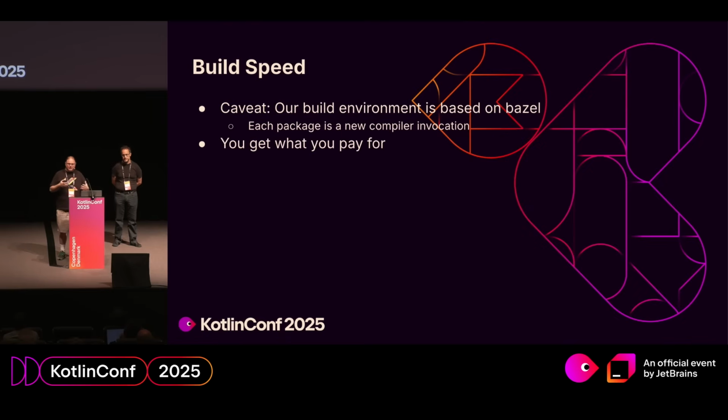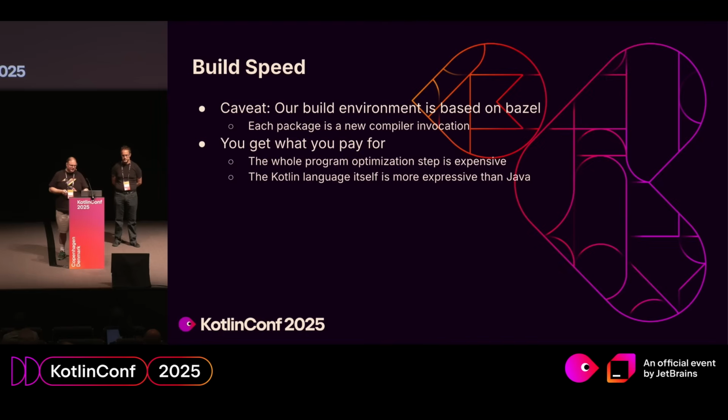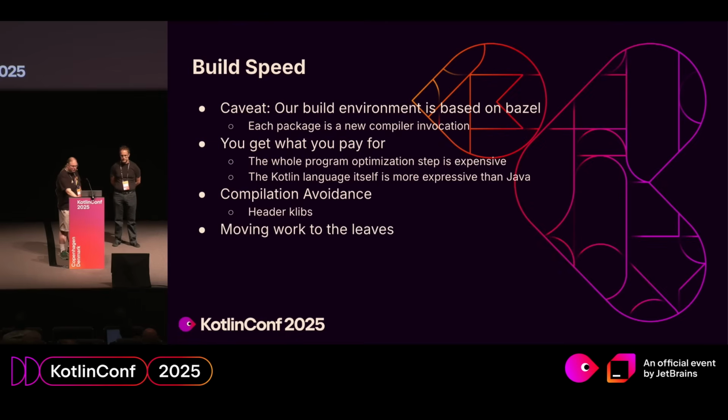Also, I want to emphasize you are getting what you're paying for with the compiler. Like I said, you're doing a whole program optimization step that you don't get in Objective-C or Swift classically. The Kotlin language itself is more expressive, and that does take more work. That said, we did some work to add what we call klib headers, which give us some compilation avoidance.